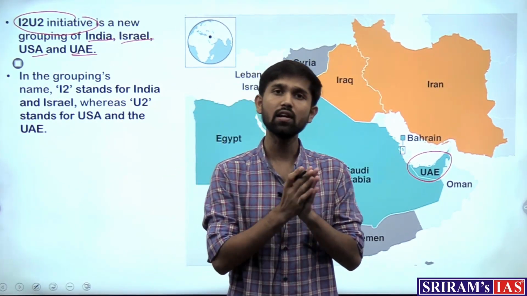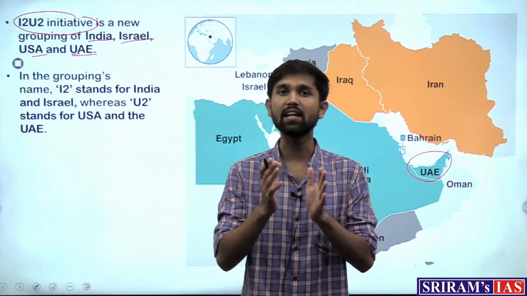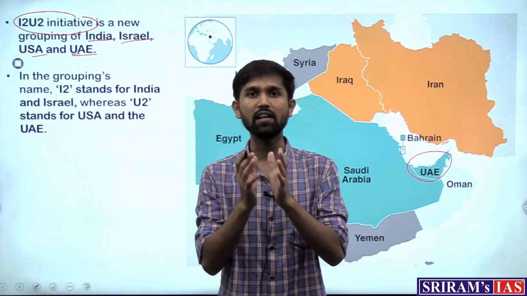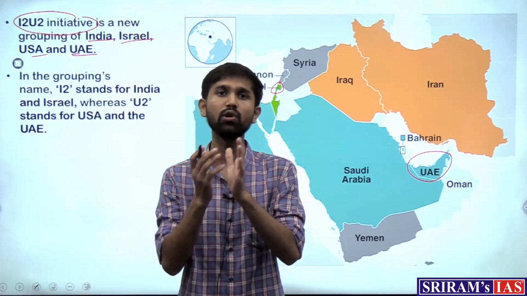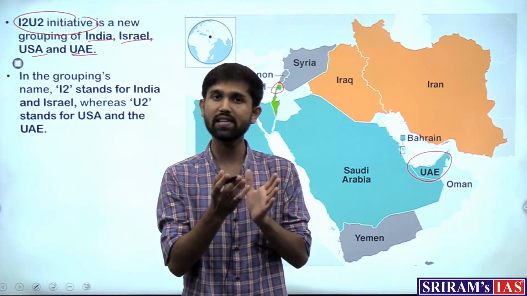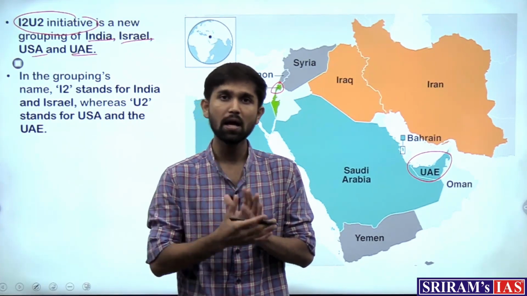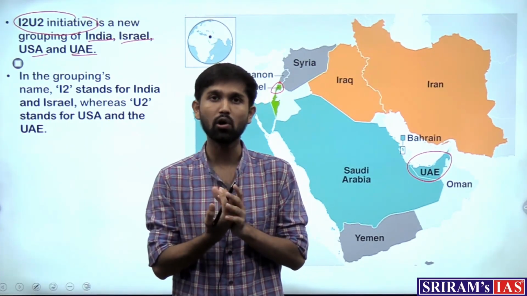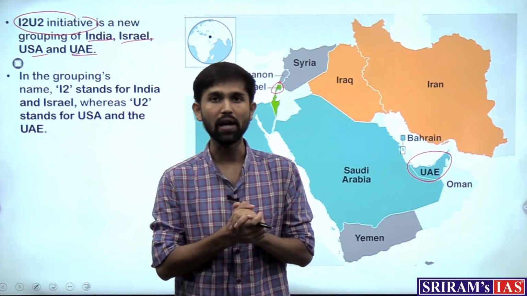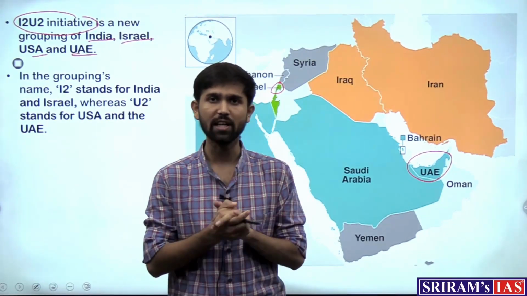So last year US made these countries sign a pact known as Abraham Accords, wherein Israel, which was not having good relations with these other West Asian countries, USA came in and brokered this peace accord, which was signed between USA, Israel and UAE and Saudi Arabia as well.